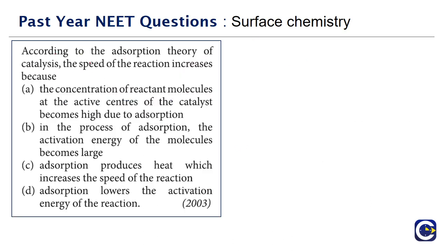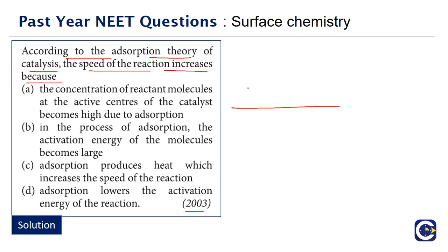Next, we have a question that has come in the year 2003. According to the adsorption theory of catalysis, the speed of reaction increases because, as per the adsorption theory of catalysis, when the reactant particles come together and adsorb on the surface of a solid, the particles may be coming from the gaseous phase, or they may be coming from the liquid state.